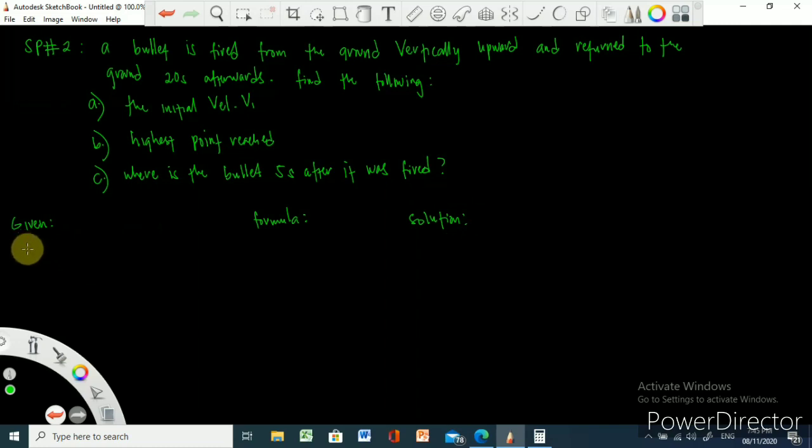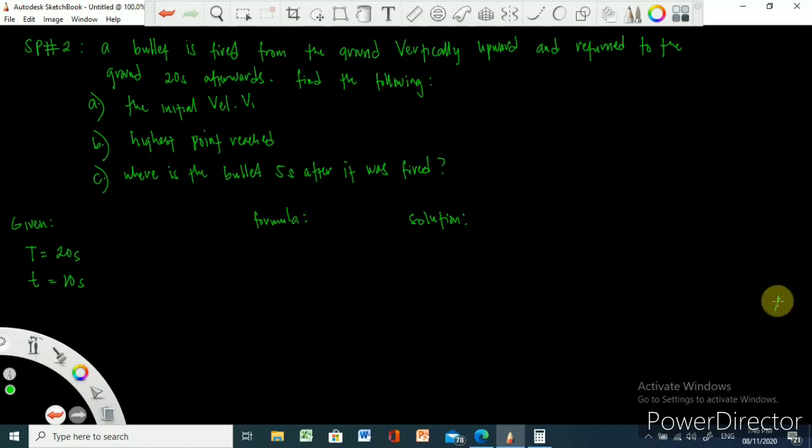Total time in the air, capital T, 20 seconds. Because if you will analyze the problem, the bullet daw is fired from the ground vertically upward and returned after 20 seconds. So, ibig sabihin, it took 10 seconds for the bullet to reach the highest point and another 10 seconds for the bullet to travel from the highest point back to the ground. So, half time of flight mo, small t, would be 10 seconds. So, 10 pataas, 10 pababa.